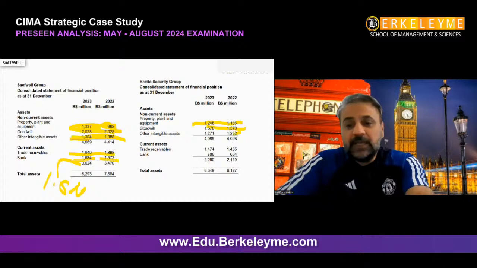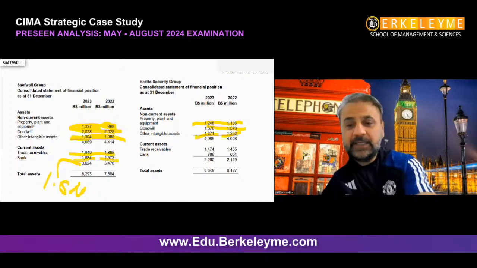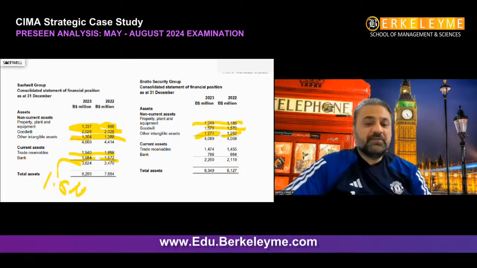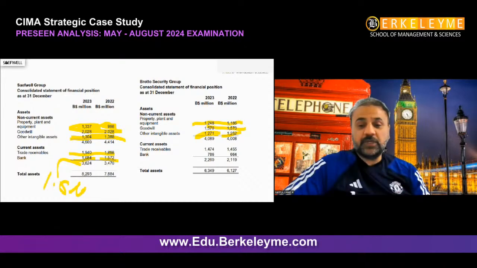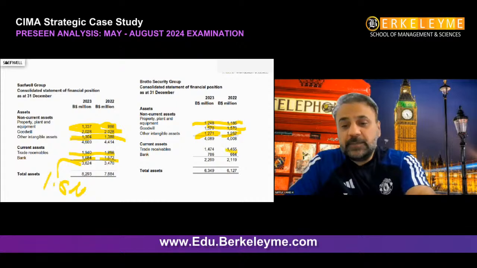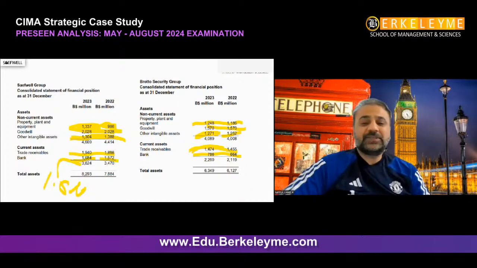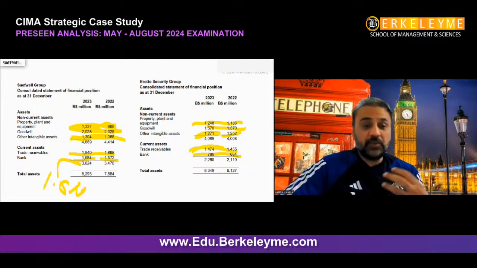And intangible assets slightly increased. So maybe they have developed some kind of software, internally generated stuff, that we will see in more detail. Trade receivable slightly increased, and bank cash is not as much as you have in your company, SafeWell.